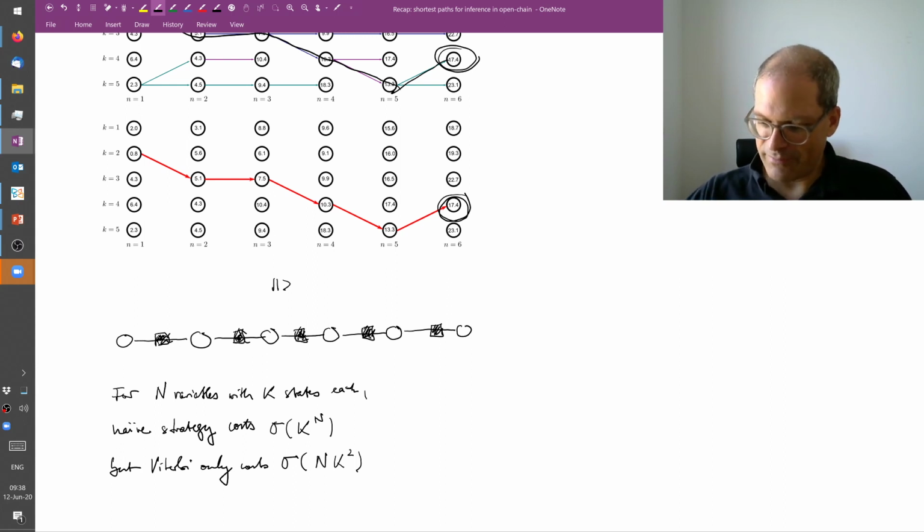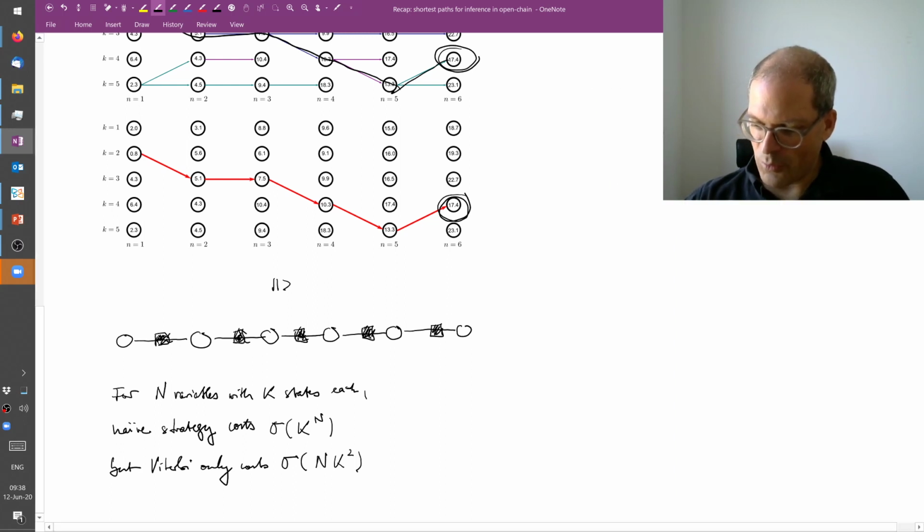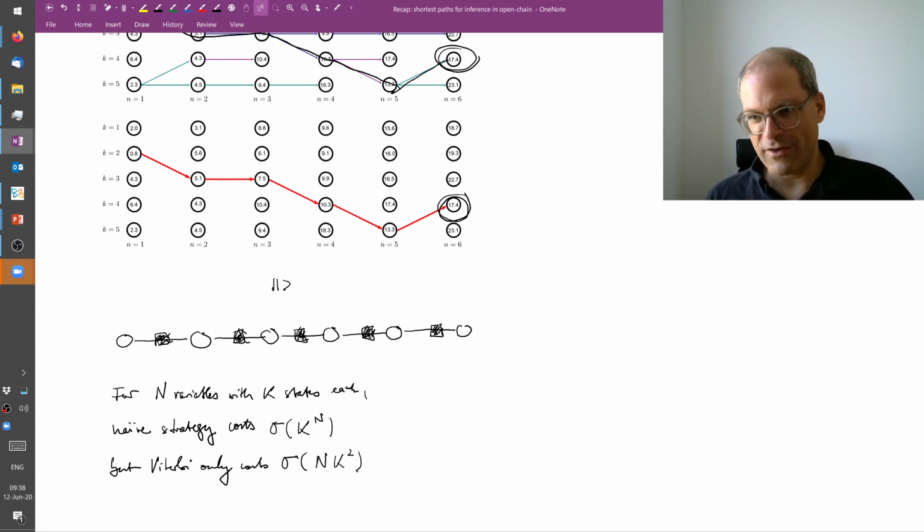Good, this was a recap from last time. And we now will move on and generalize this to trees. Not just open chains as we have seen now.